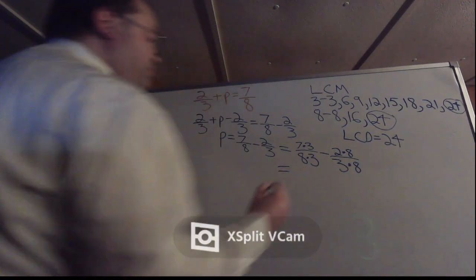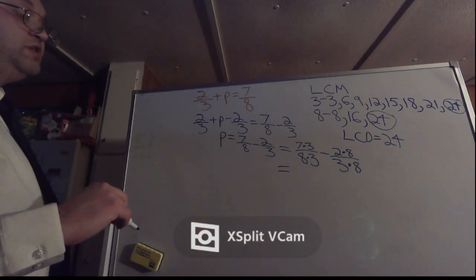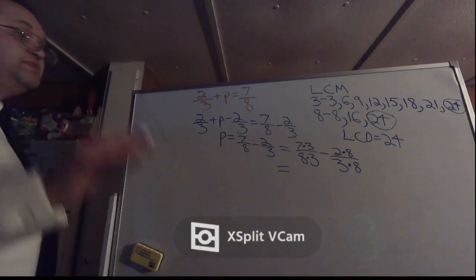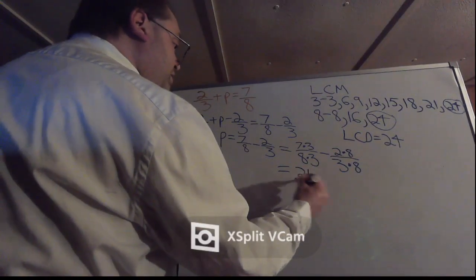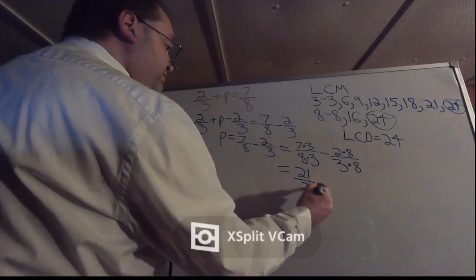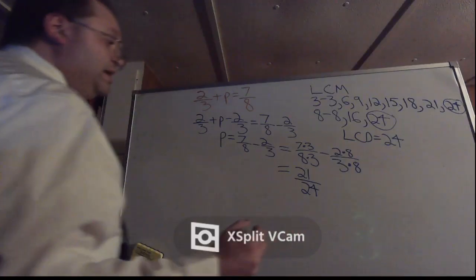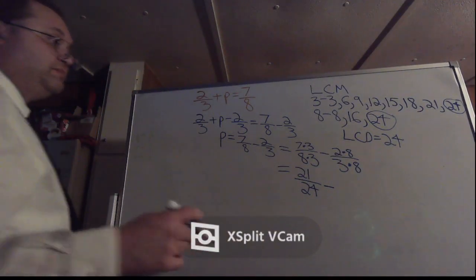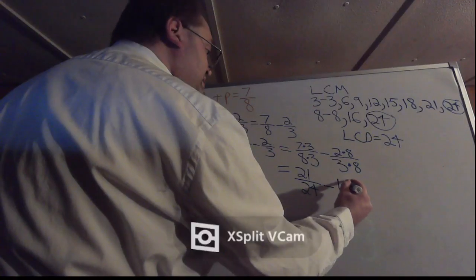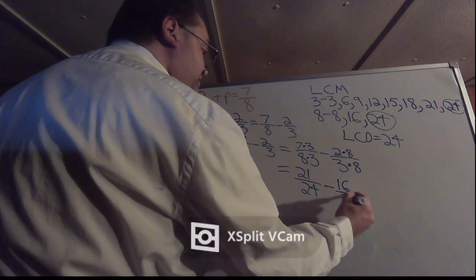Okay, now we need to work through some multiplication. So on your first term, 7 times 3 is 21 over 8 times 3, which is 24, minus, now do the multiplication on the second term, you'll have 16 over 24.